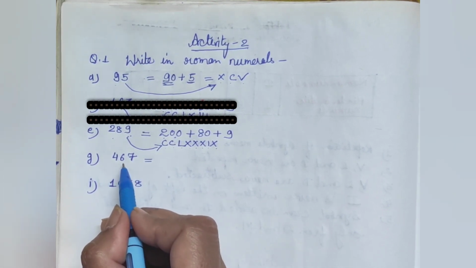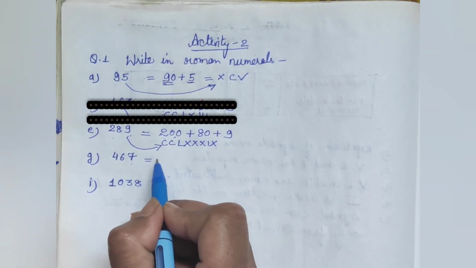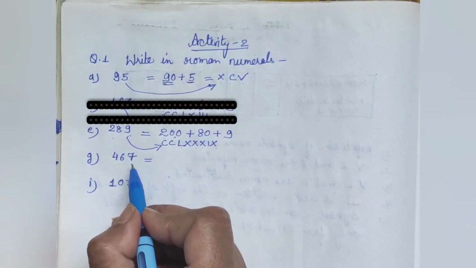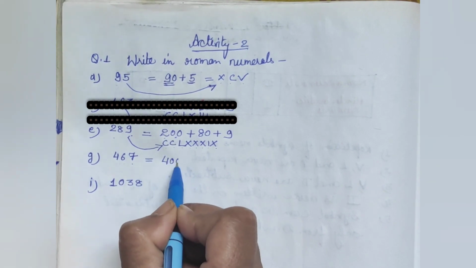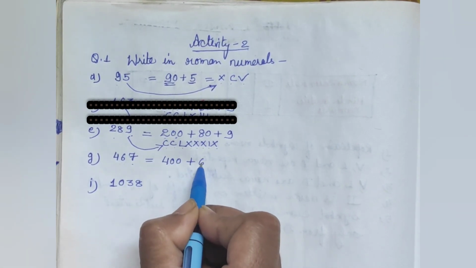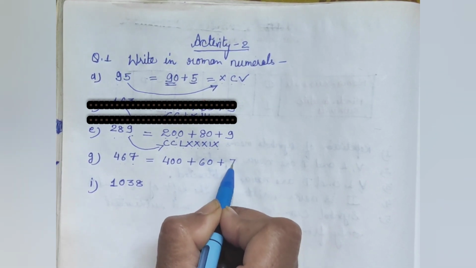In 467, first write in expanded form 400 plus 60 plus 7.